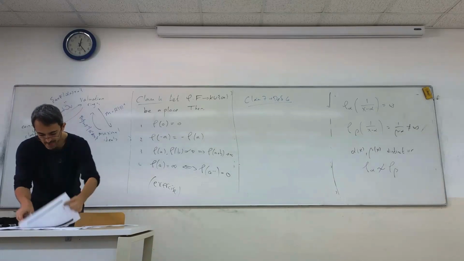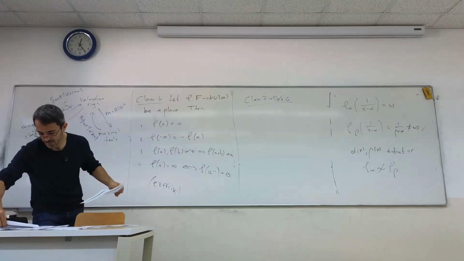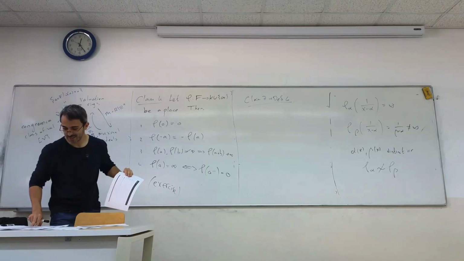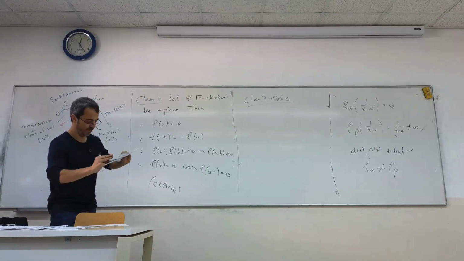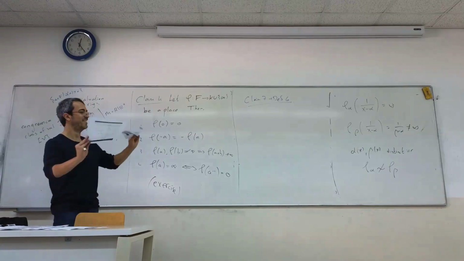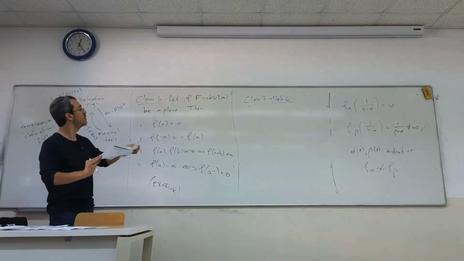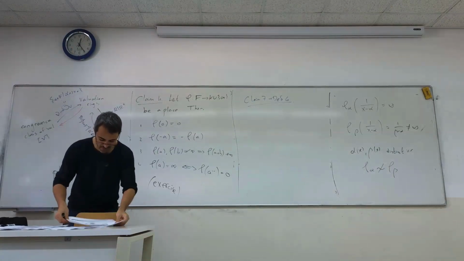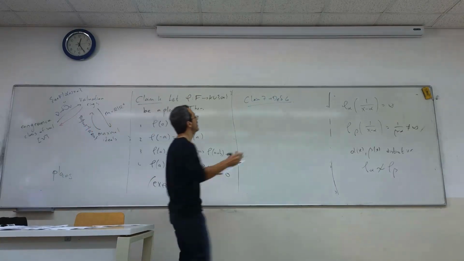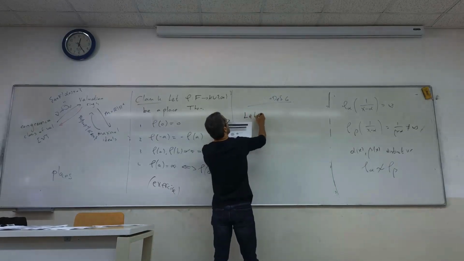Oh, sorry, I got lost. Claim 6 and definition 7. Yeah, good. Let me just do the definition. Let's call it definition 6. I'm just copying what's written as definition 6.